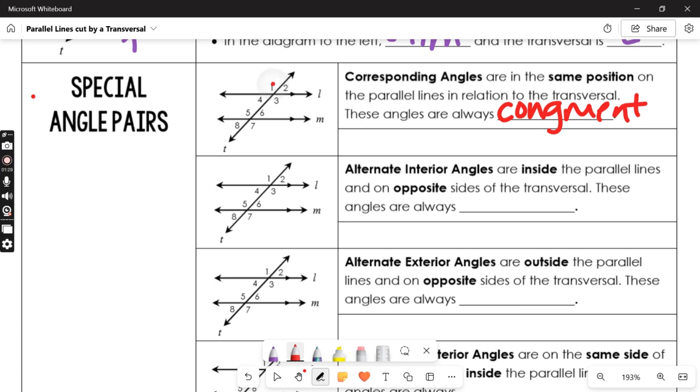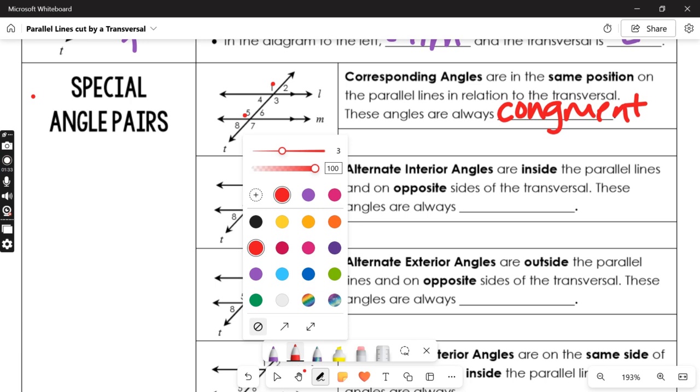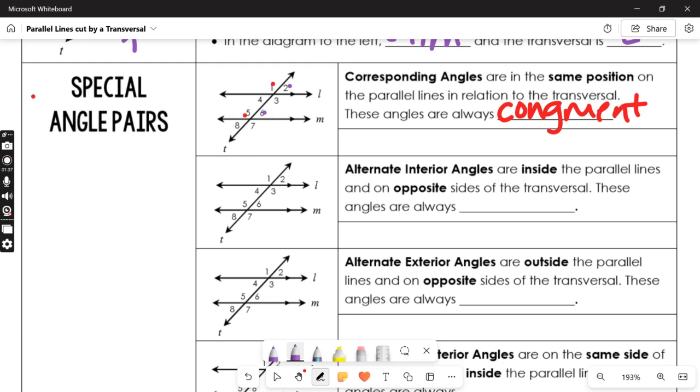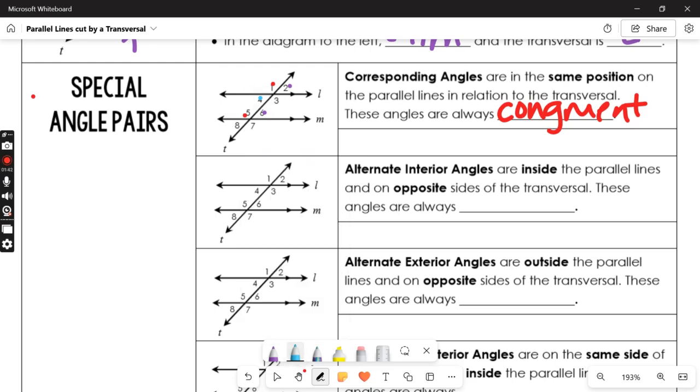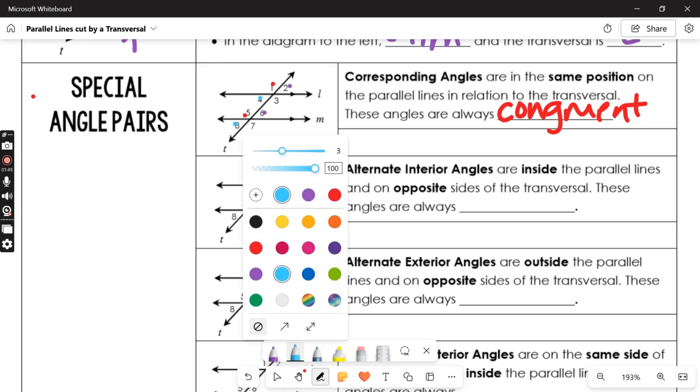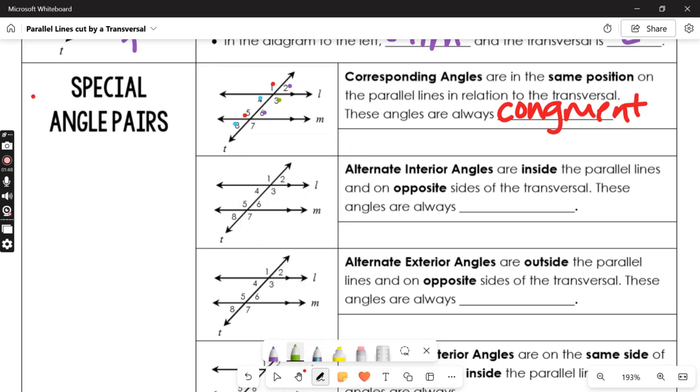So for us, 1 and 5 are in the same spot. 2 and 6 are in the same spot. 4 and 8 are in the same spot. And then 3 and 7 are in the same spot.